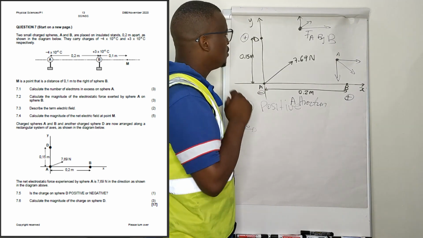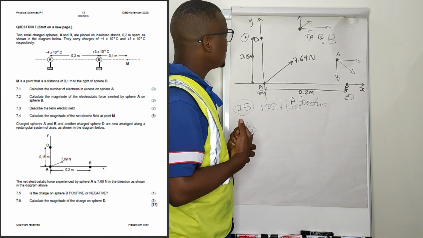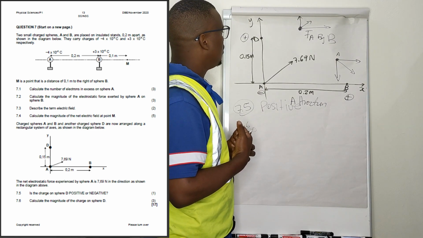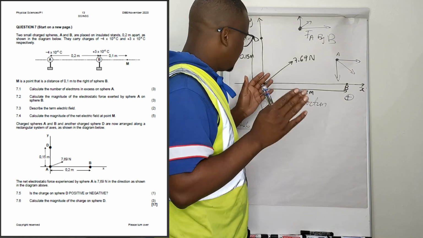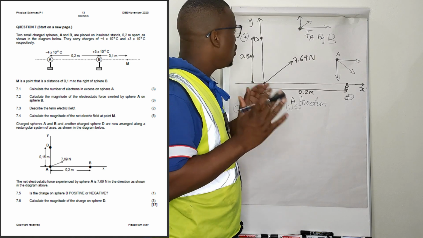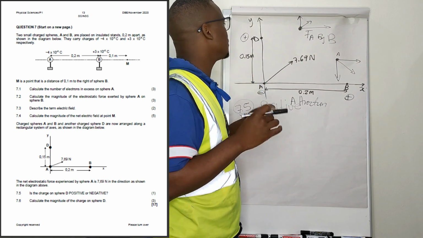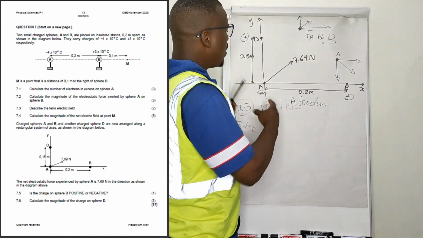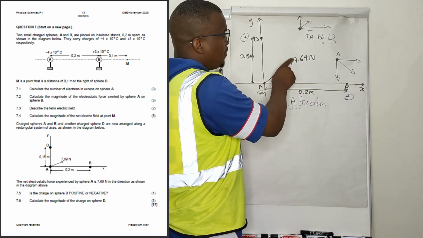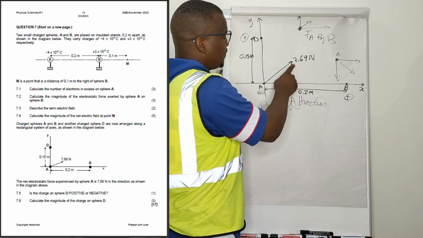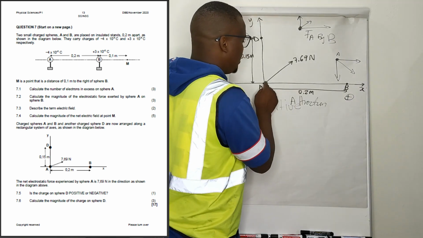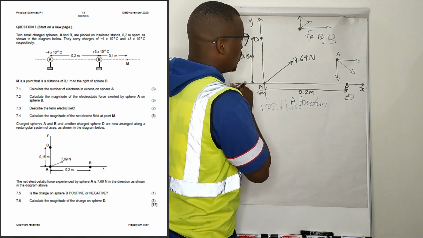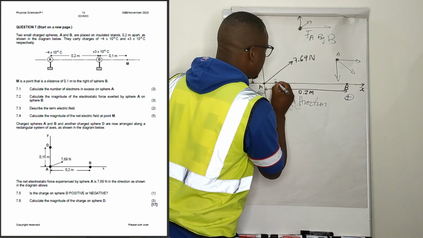How do we do this? To calculate the magnitude of sphere D, we have the resultant force to be this here, right? And we know the force between A and B was 2.7 newtons.